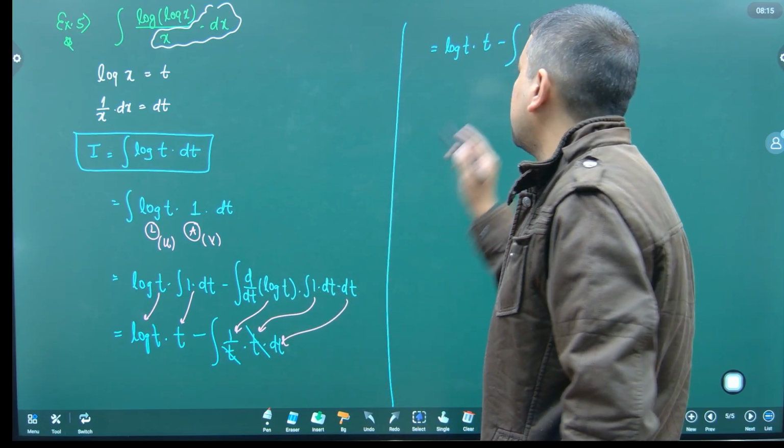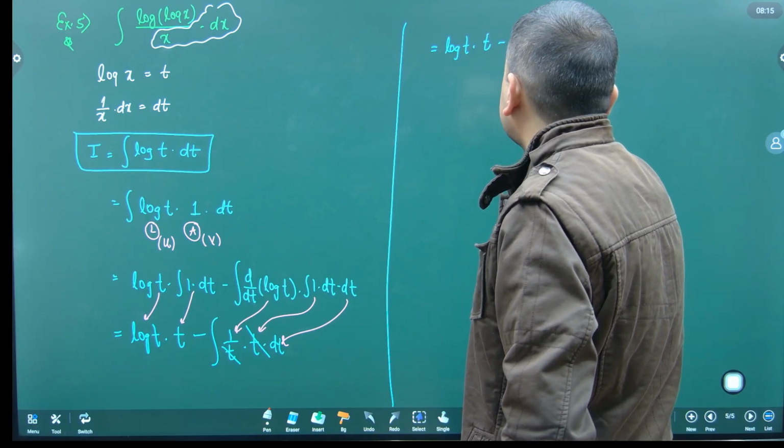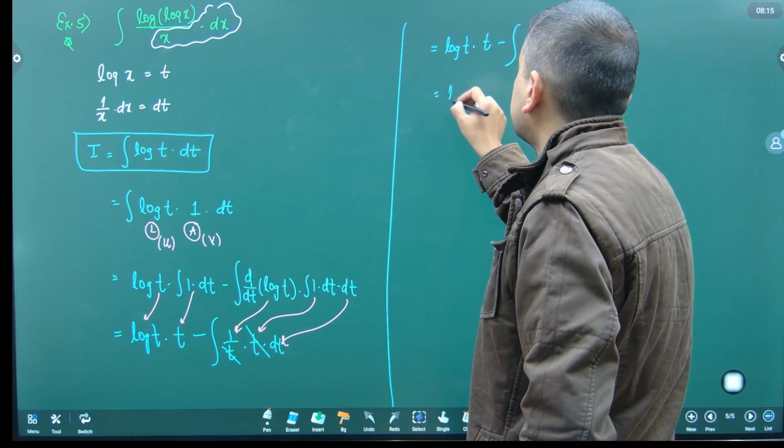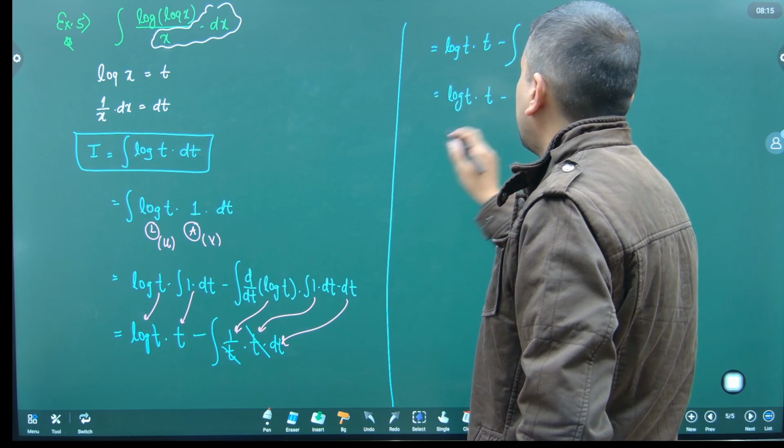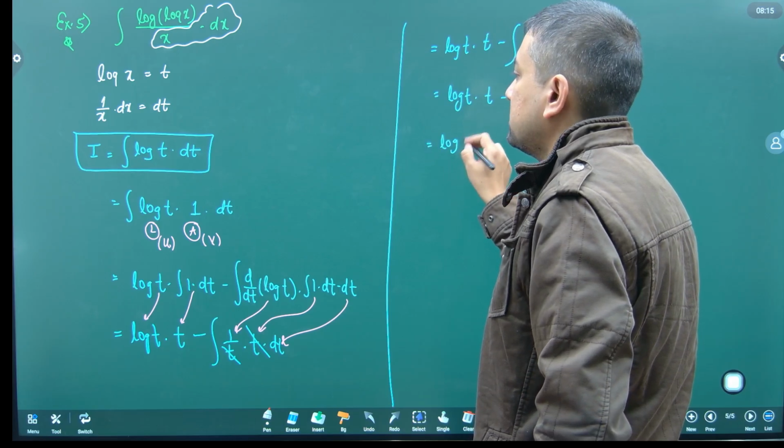So integral dt, what is integral dt? And what is t? T is what? Log x.